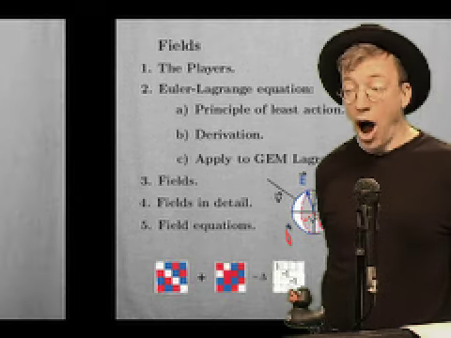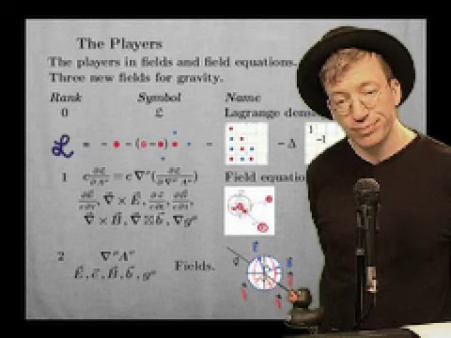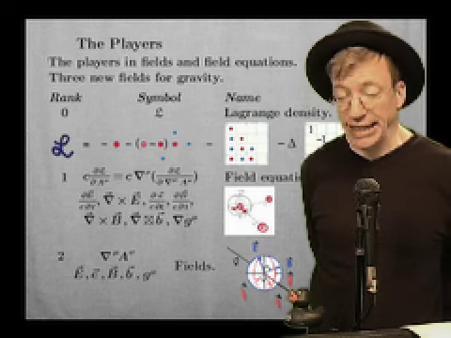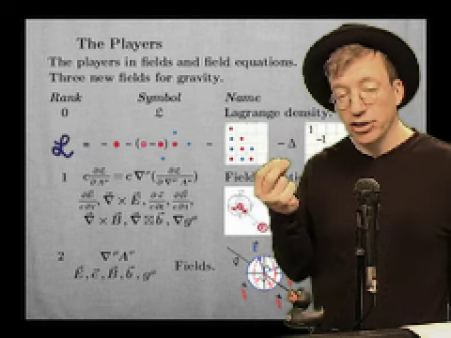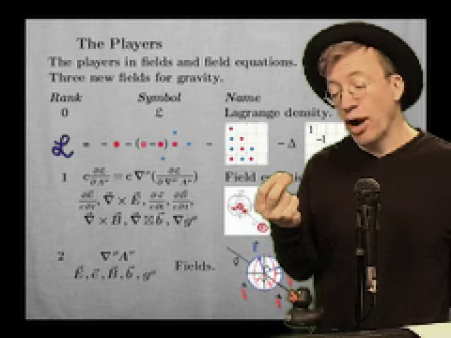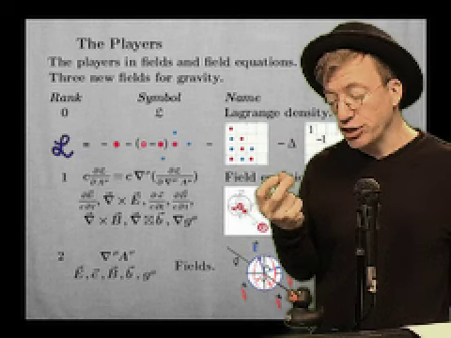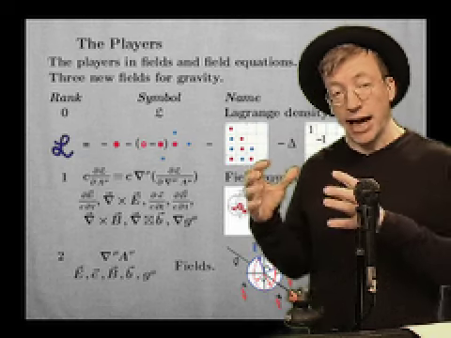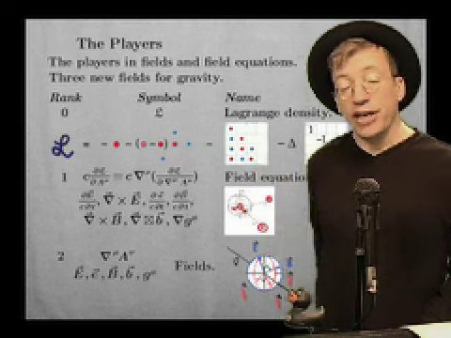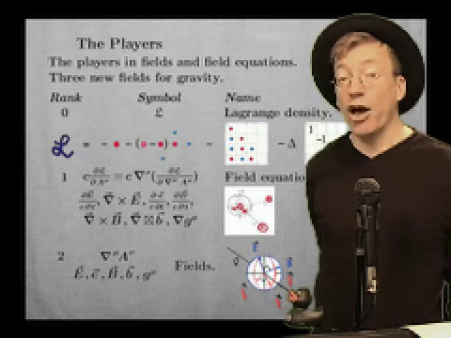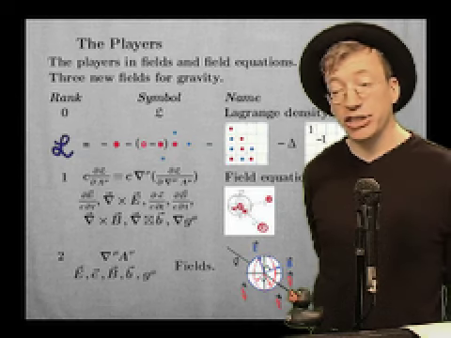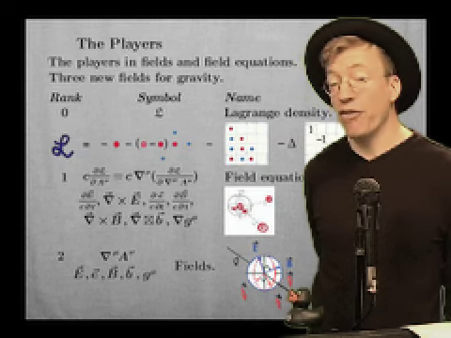So who are the players? Well, we start with the Lagrange density. That's that single number, a scalar, a rank 0 tensor that describes every energy interaction that can happen inside of a box. The field equations are rank 1. And these are actually the changes in the changes of the potential.